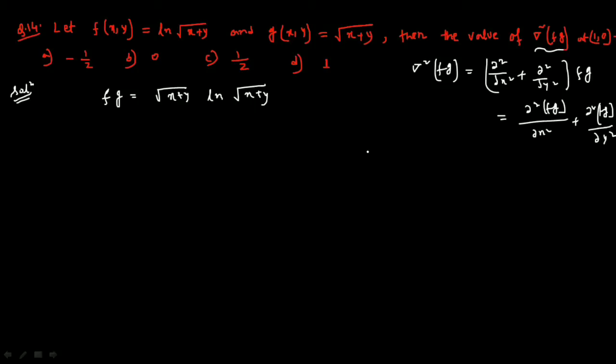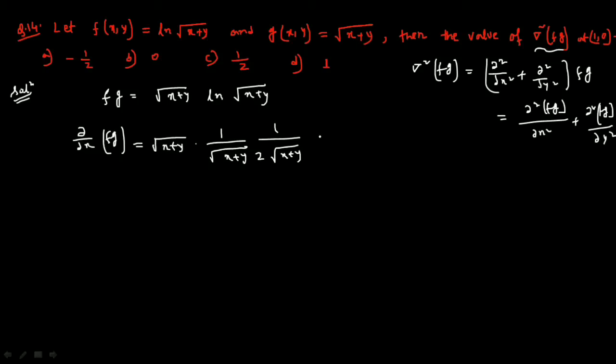Let me find one by one. First we have to find del x of fg, the first differentiation. Keep this function unchanged and apply the u into v derivative. The derivative of ln root x plus y is 1 by root x plus y into the differentiation of root x plus y, which is 1 by 2 root x plus y into 1.